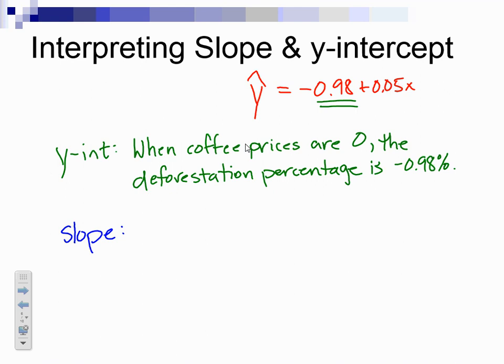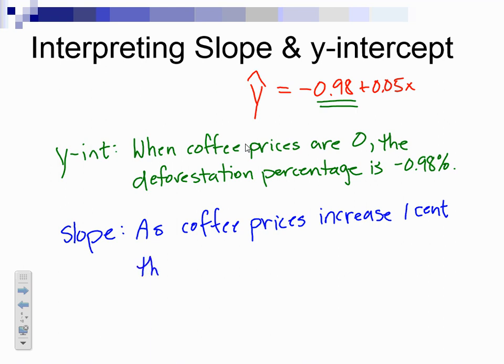So what we'd say here is as coffee prices increase 1 cent, now remember our unit of measure on the coffee prices was cents, the deforestation percent increases 0.05%.